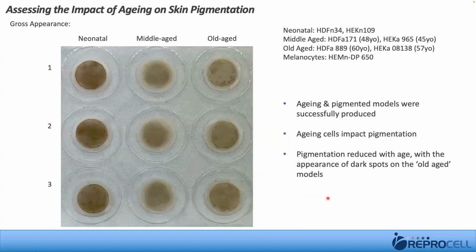In more recent data, we've also shown that in pigmented models, if we produce models with neonatal or middle-aged or old-aged cells, and we incorporate the melanocytes, we also see a lightening of the skin and a change in the distribution of melanin in the models.